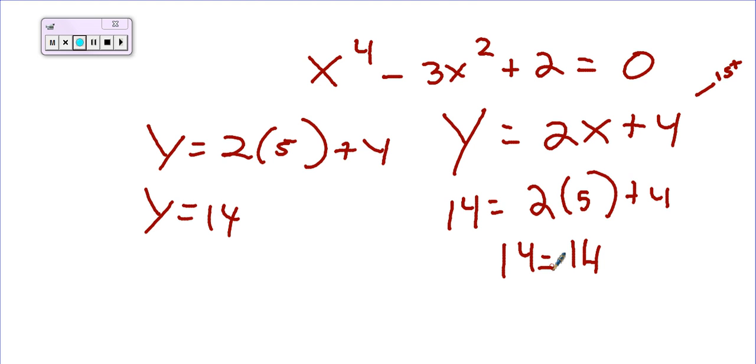All this is telling us so far is that we can replace x with any real number and get a value for y and make this equation true.